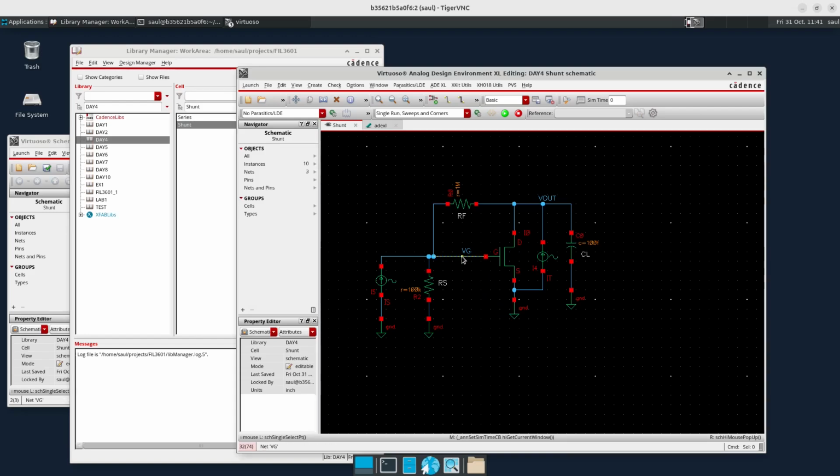The gate voltage for all the frequencies of interest, and I will have to disable the transconductance GM1. This has to be equal to 0, so that the only source that I have will be this independent current source. And I will check the pole-zero positions at VG.